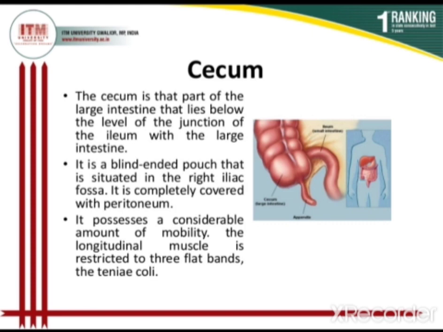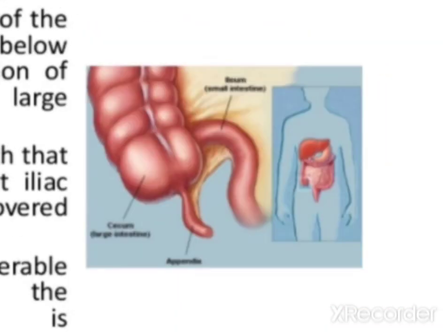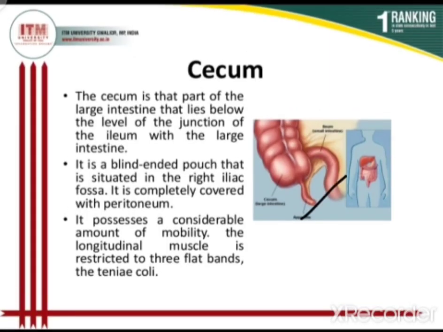As you can see in the picture, this is the right iliac fossa, and the cecum lies below the level of the junction of the ileum with the large intestine.